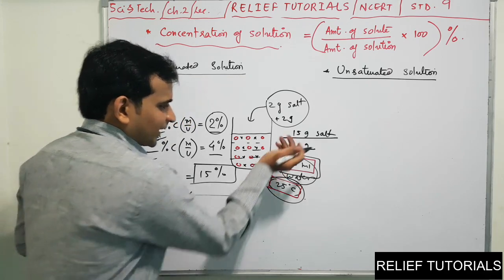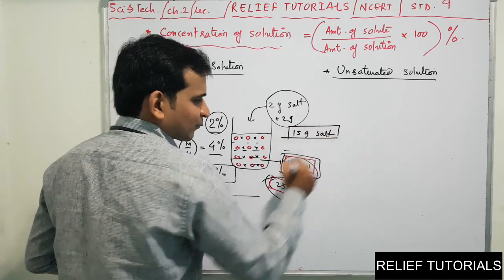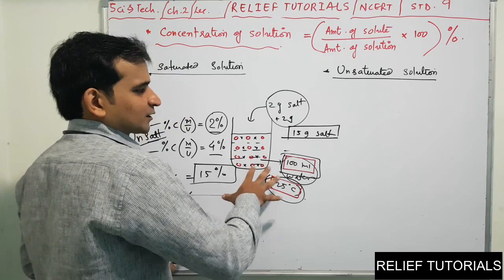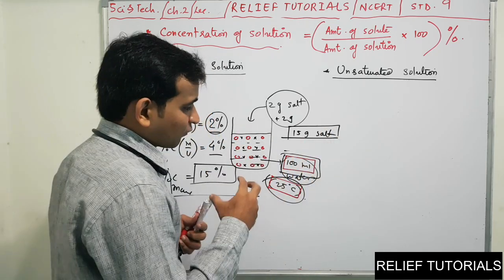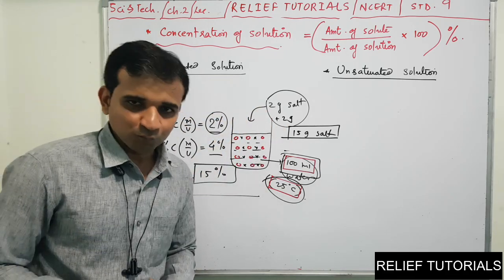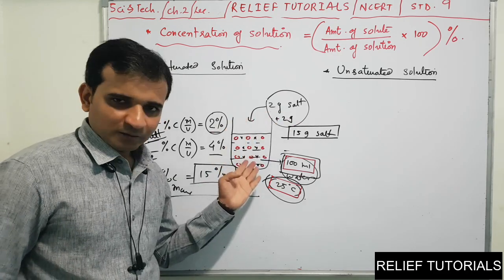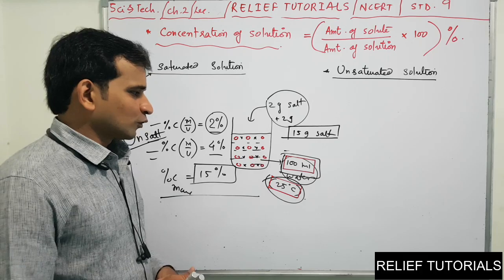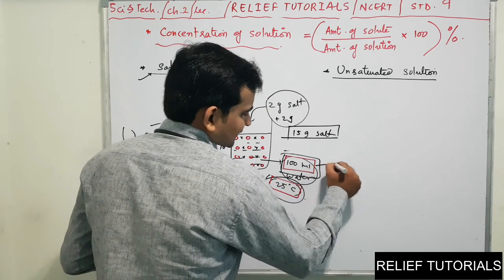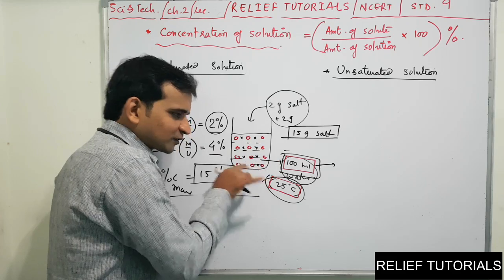Okay, so let us say at 25 degrees Celsius, in 100 ml of water, we have dissolved 15 gram of salt, and that is the maximum salt dissolved. Let us say it is the maximum concentration. Now, if I want to dissolve more salt in this solution, then what should I do? We know that there are no spaces available. Then how can we dissolve more salt? There are two ways so that we can dissolve more salt, and that is if we increase the solvent. 100 ml of water you have taken, all the space is occupied.